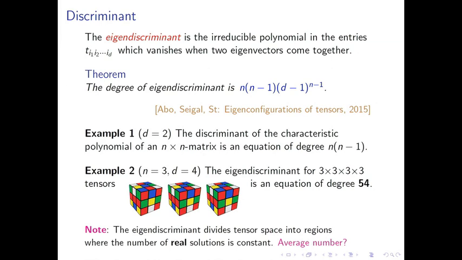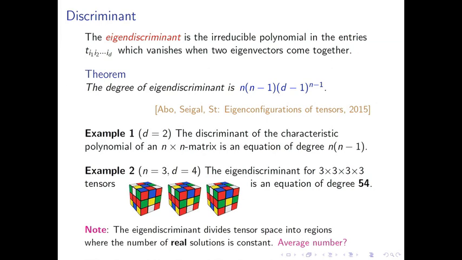If d is 2, then this discriminant has degree n times (n minus 1), and that is indeed correct: this is the discriminant of the characteristic polynomial of an n by n matrix. Now in the ternary quartic case, for example, the eigendiscriminant will be a big polynomial in all the entries of degree 54.